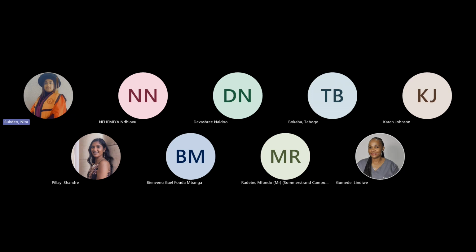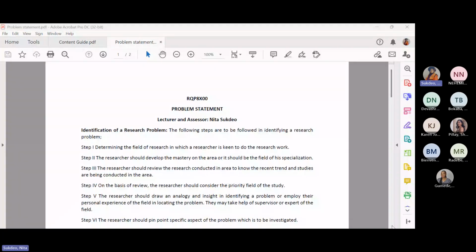So in line with having that argumentative writing and drafting the actual problem statement, which is a standard section in a proposal, this is identifying the problem and the steps you need to follow.